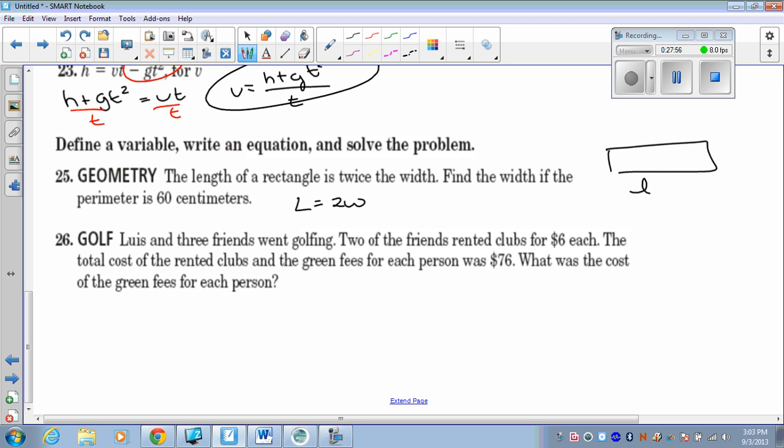Here's the width. But I know the length is really twice the width. And the whole thing is 60. So the perimeter going around. Well, perimeter, if you remember, is W plus W, which is like 2W, plus L, which is like 2L. But wait a second, L I can replace with 2W.